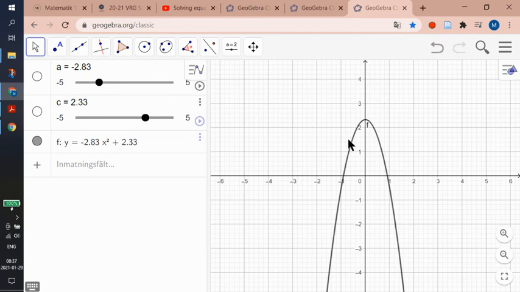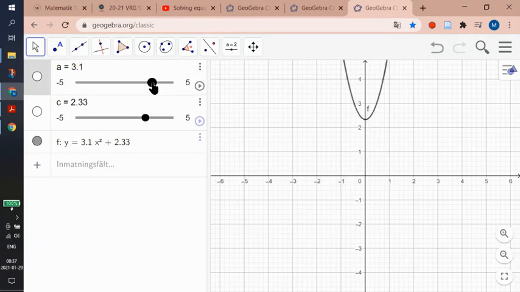We can vary those values and play the animation, but the vertex, that is this turning point, which can be either a maximum if the shape is this upside down U, or a minimum if it's a regular U shape, is always on the y-axis.